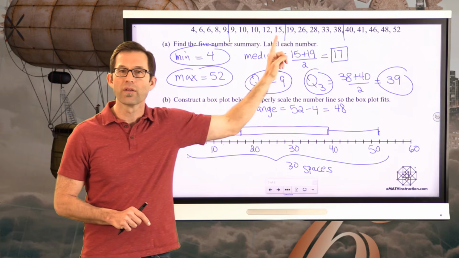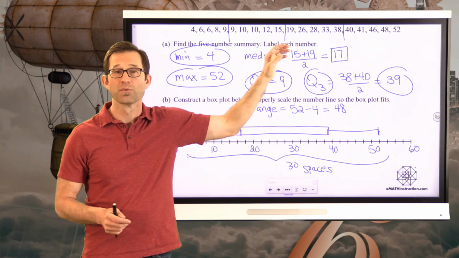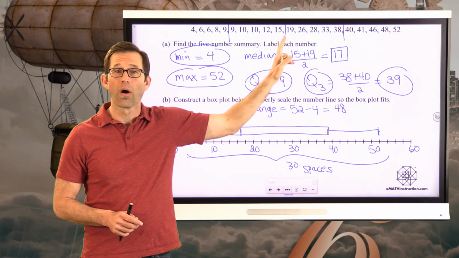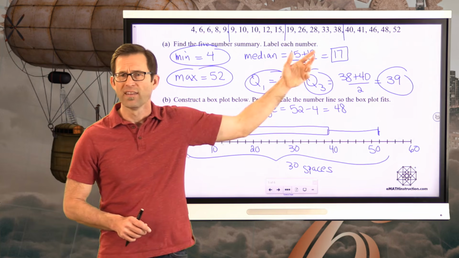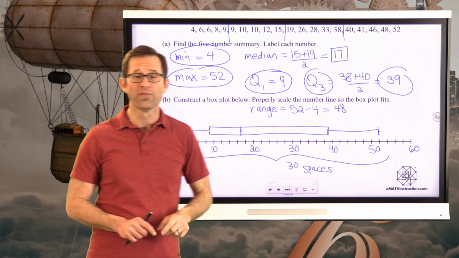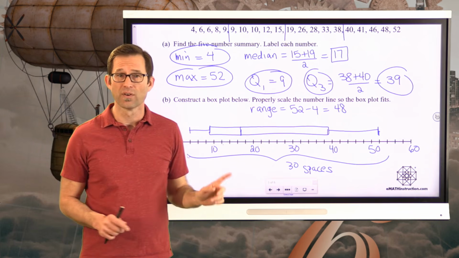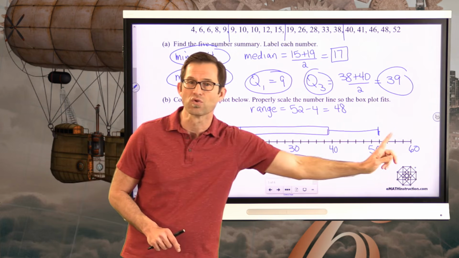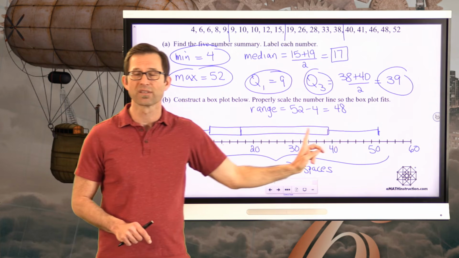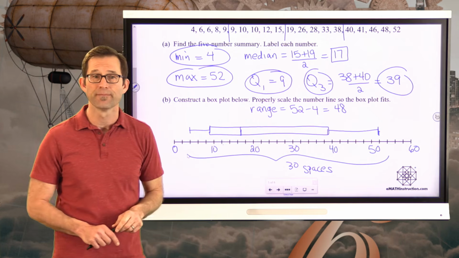Not the vast majority, but half the kids at the pool are 15 and less years in age, right? And yet, the highest age is 52, right? So there's a lot of crowding down here in the data set, and the data up here is really spread out, which is what this kind of box plot can tell us.